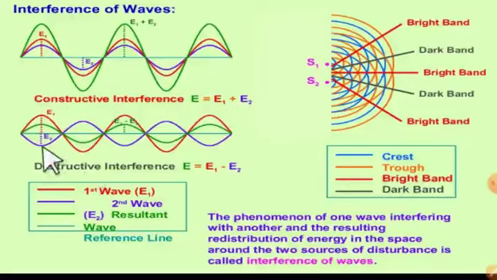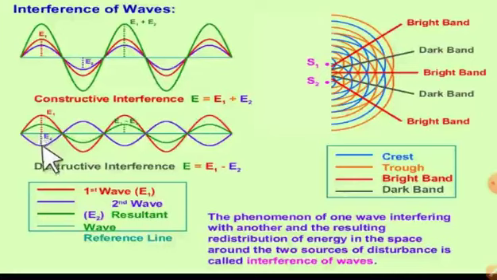On the other hand, here the phase difference is 0, but if the phase difference is equal to 180 degrees or pi radians, that means when the crest of one wave coincides with the trough of another wave. So this is a crest for the red wave and this is a trough for the blue wave. They coincide at a point, so the phase difference between them is 180 degrees, or you can say pi.